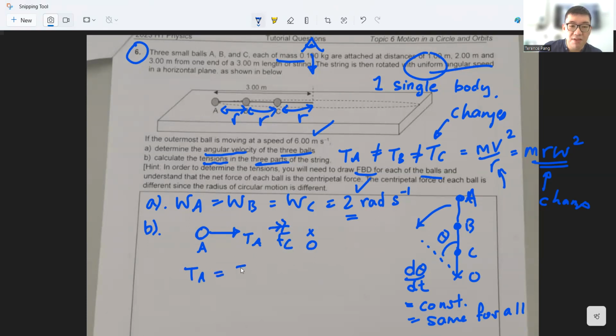The TA provides for the FC. Once again, FC is not a real force, it's a net force. Okay, you can then put all the numbers inside using the equation. So this is 0.1, R is 3, and omega is 2. You have to square it. And that gives you the answer for TA.